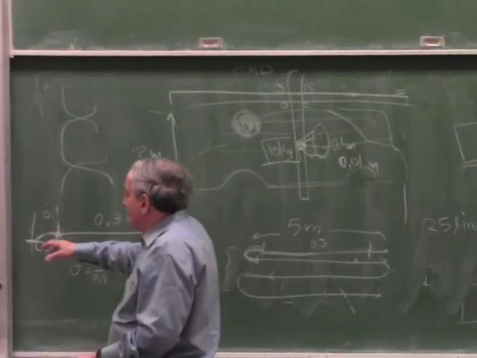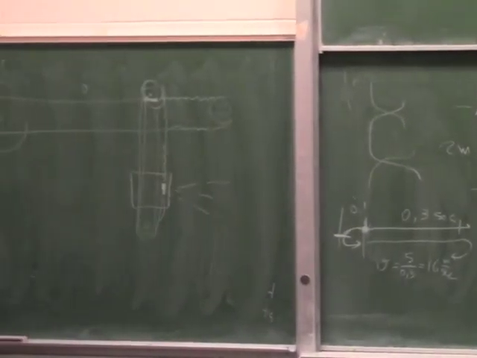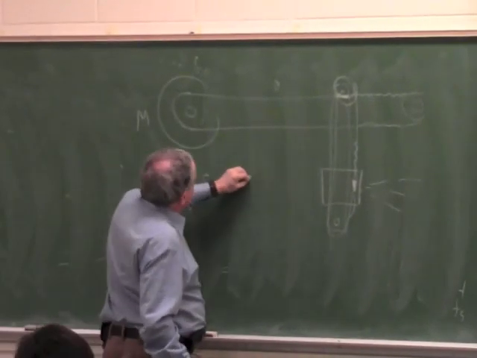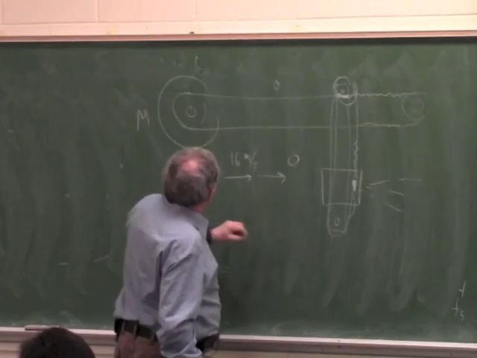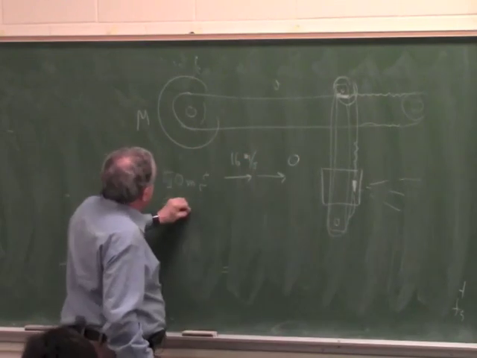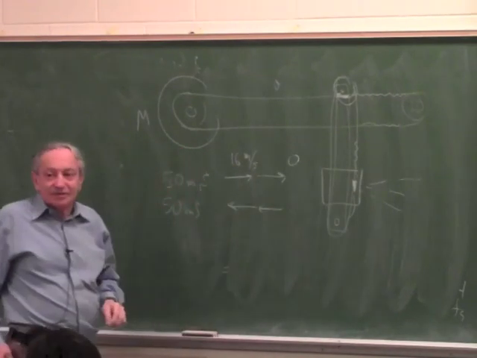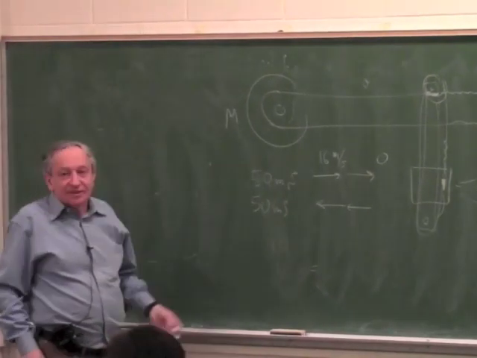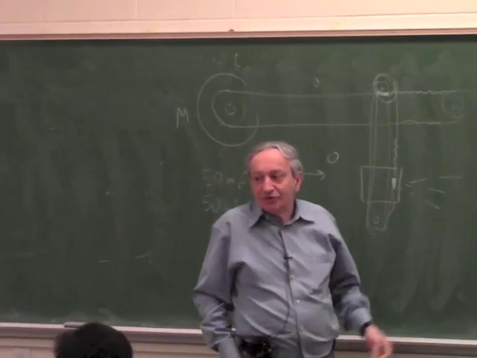So to stop and to accelerate, each one is 50 milliseconds. You have 50 milliseconds to go from 16 meters per second to 0, and another 50 milliseconds to go from 0 back to 16 meters per second. So it's very easy to calculate the acceleration A. You multiply by 10 kilo, you get the force.